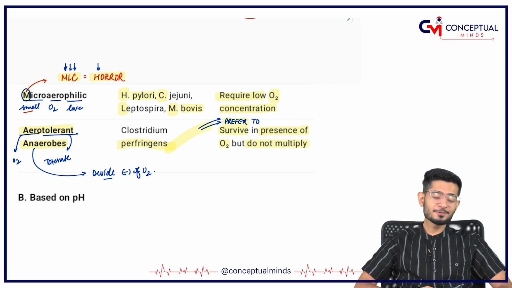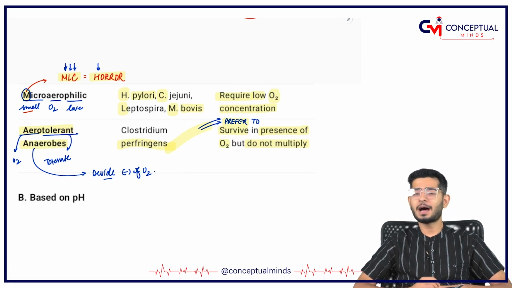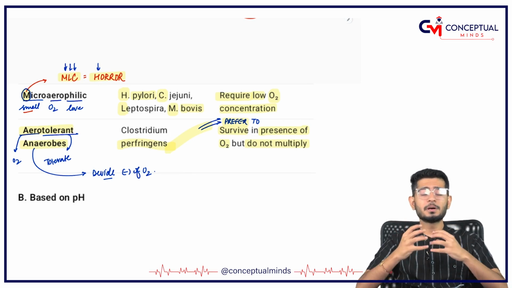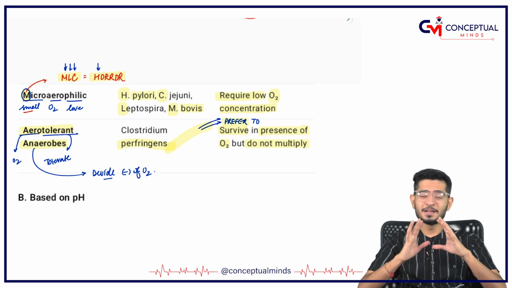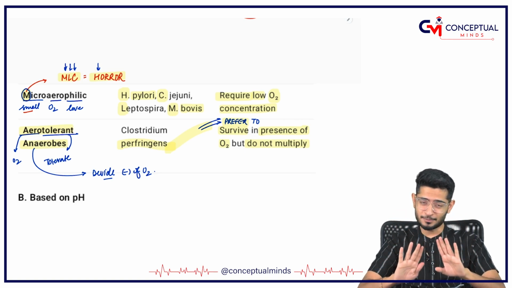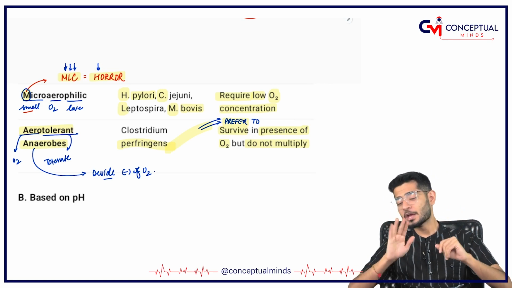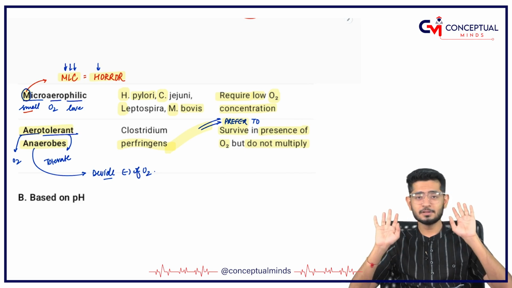Aerotolerant anaerobes. Aero means oxygen, tolerant means I can tolerate oxygen. I can survive in oxygen. But because by nature I am an anaerobe, I will multiply only if I am having oxygen. So I can survive without oxygen, but I cannot multiply without oxygen.